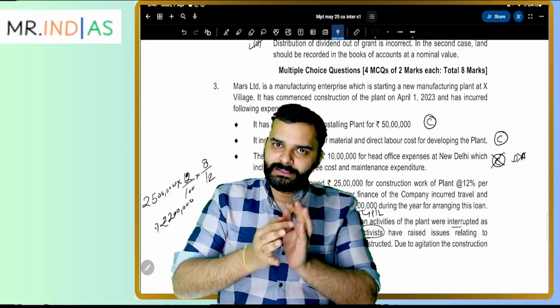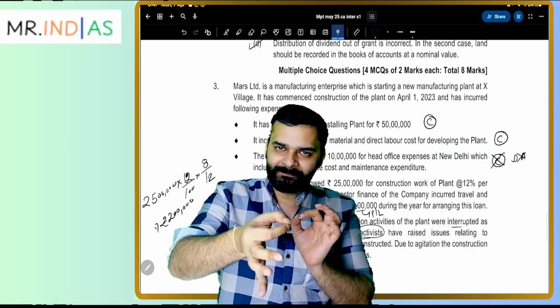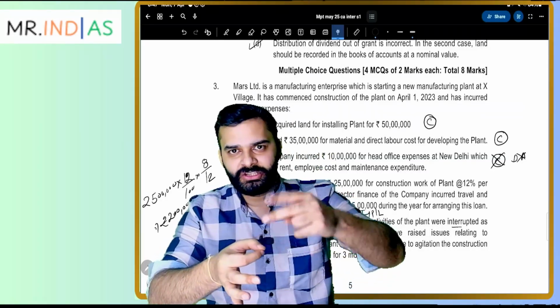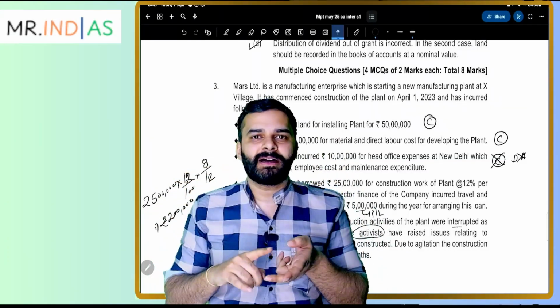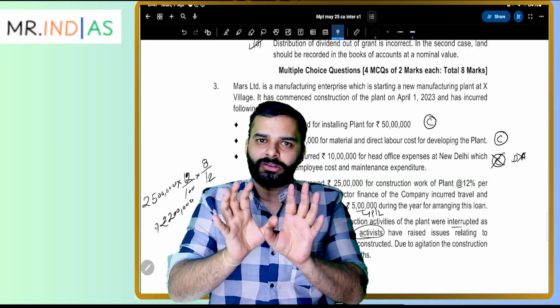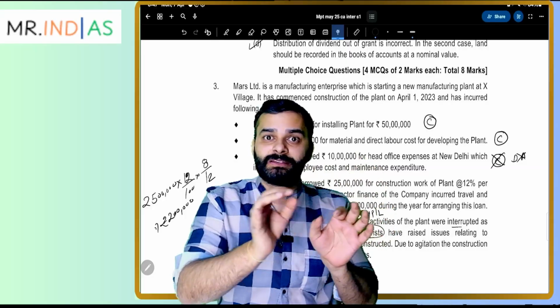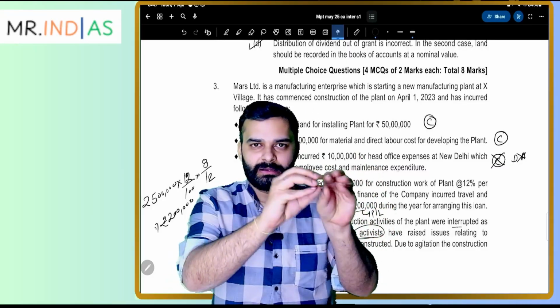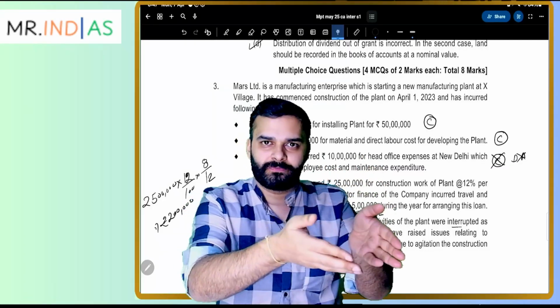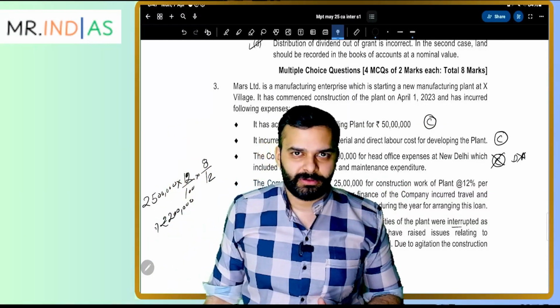If any activity is required to get the asset ready into that condition or location as intended by management, whatever cost is incurred for that activity should be a directly attributable cost and added to the cost of the asset. Other costs are charged to the P&L account, right?